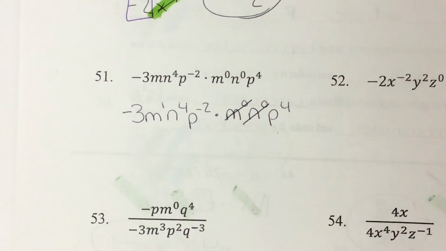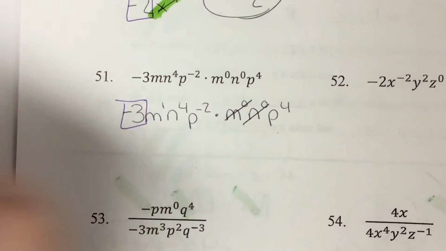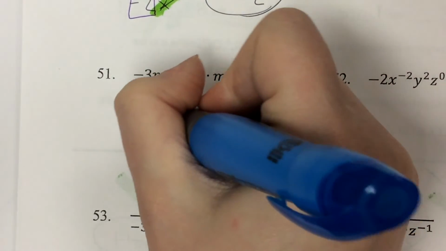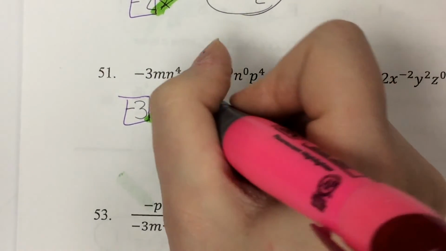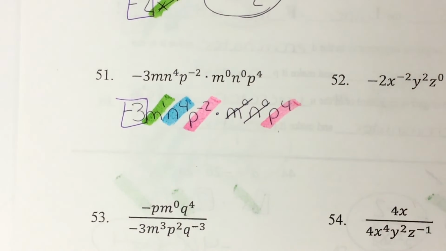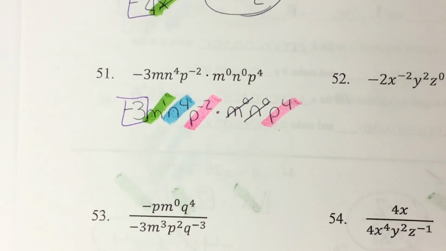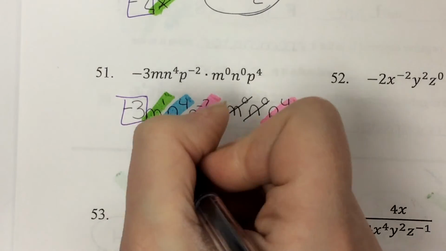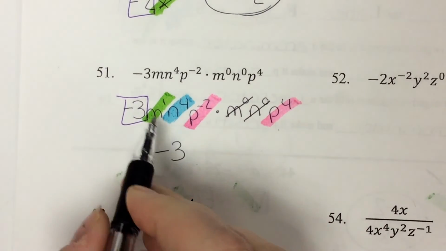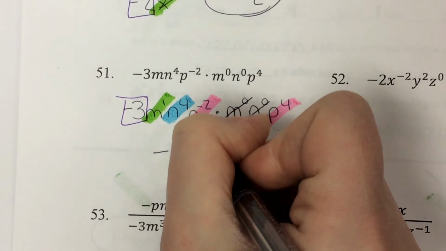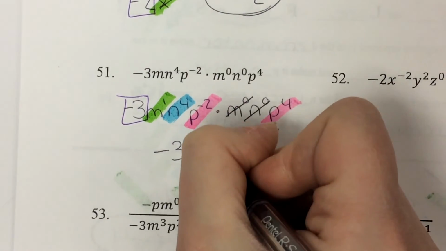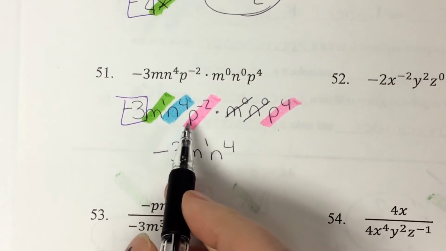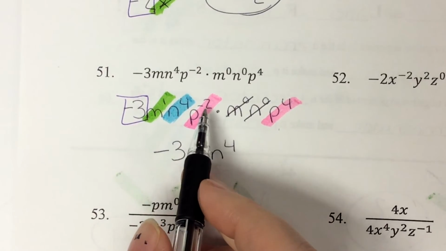So I've got a coefficient, and I've got m, n, and p. Notice I didn't highlight this m or n because they're gone. All right, so we just have negative 3, m to the first, n to the fourth, and p. We need to move this p.